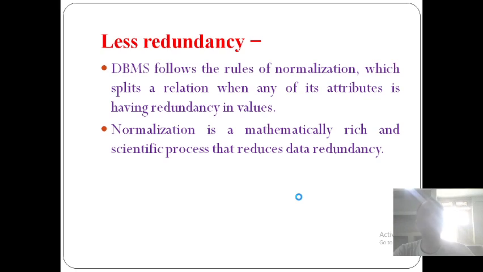Normalization is a mathematically rich and specific process that reduces the redundancy. So later we will see this whenever we create the tables. At that time we will look into it in detail. Okay, this is what normalization is, a mathematically rich and specific process. This is about the redundancy.